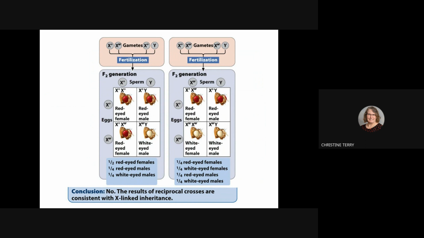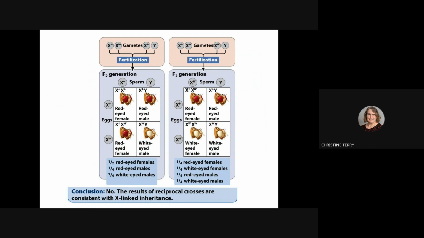If I ask you, what fraction of the male offspring are white-eyed? It's 1/2 of the males are white-eyed. So make sure you pay attention to the question.